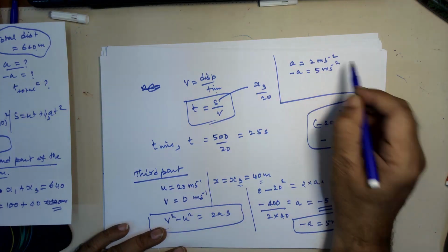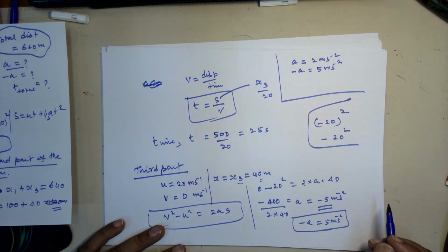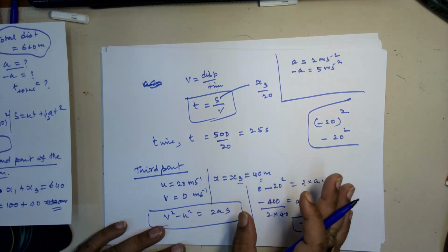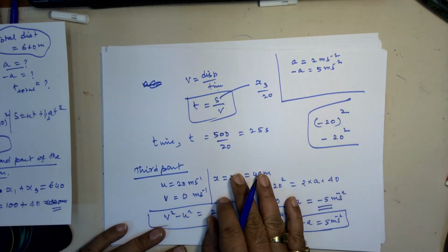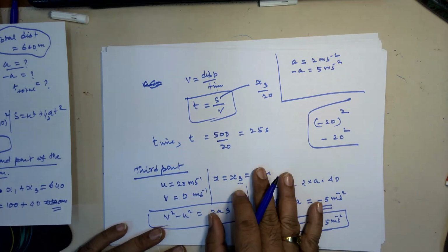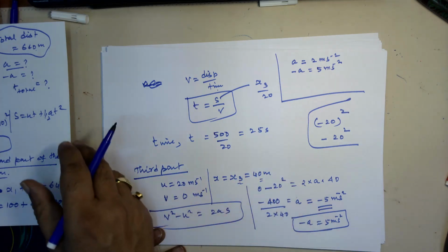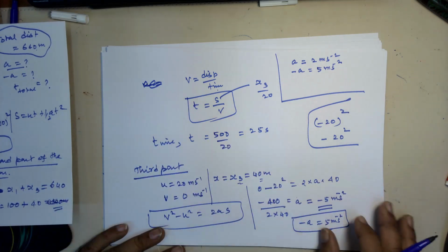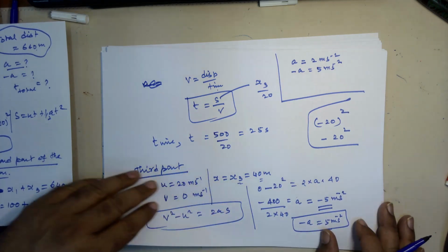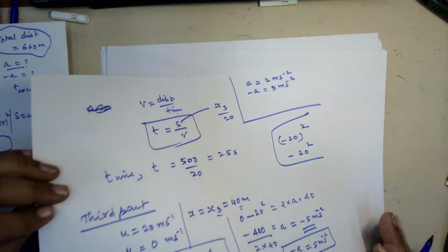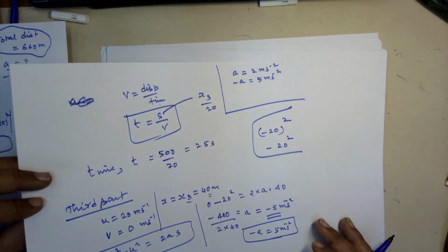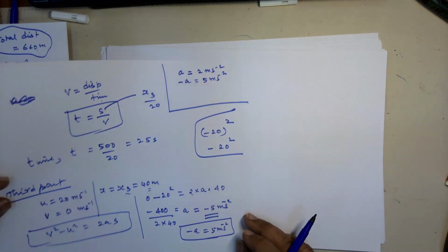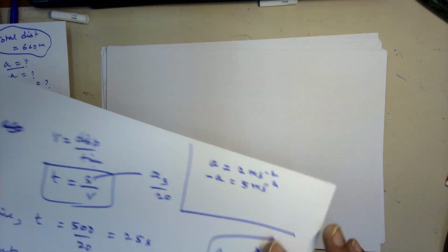Okay. And now we had to calculate the total time. Now listen to me very carefully. Once again, we had to do some gimmicks here. Now we have to find out the time taken for retardation.